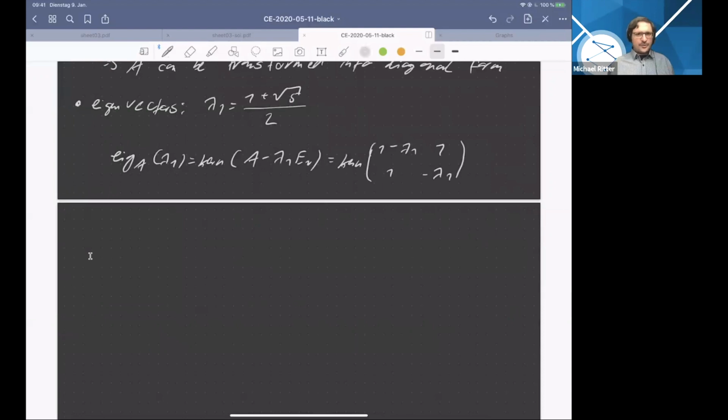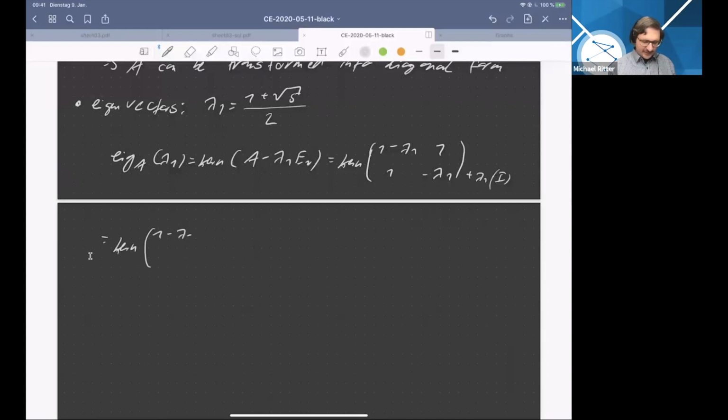We can either just do Gaussian elimination, or just a little more tricky, we could try to eliminate this element here instead of that one. And it would turn out that this is actually a little easier. So what I'm going to do is add lambda 1 times the first row to the second. And I'm then getting the kernel of this matrix here.